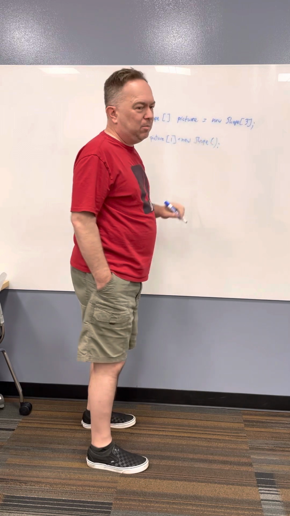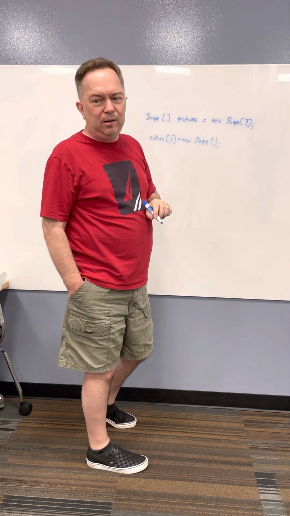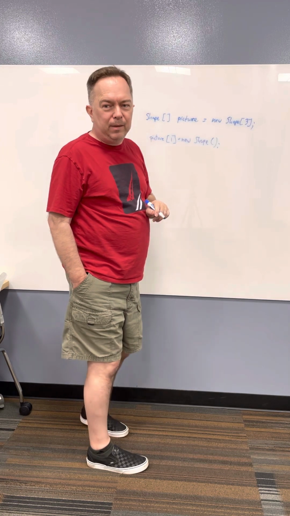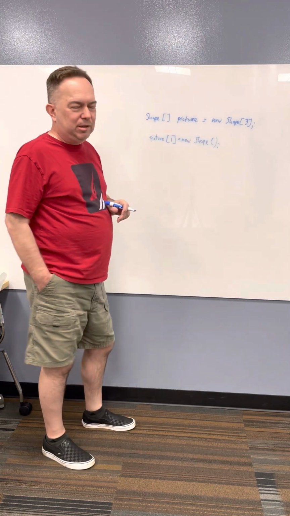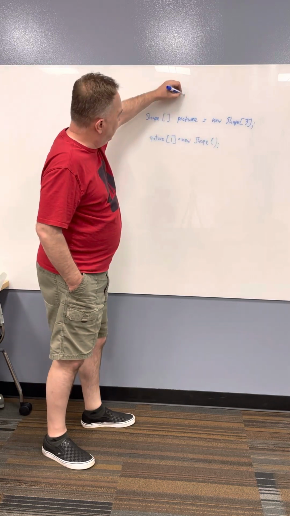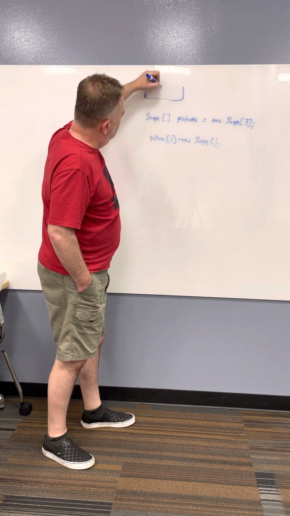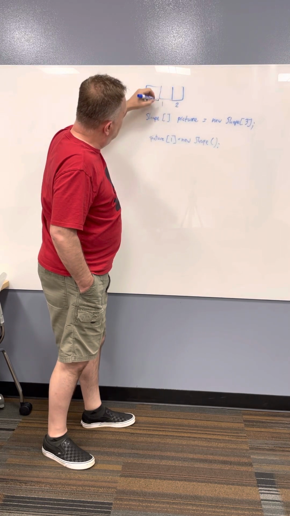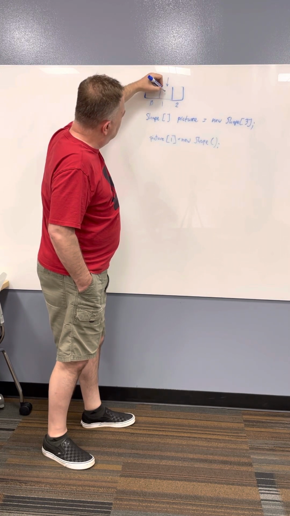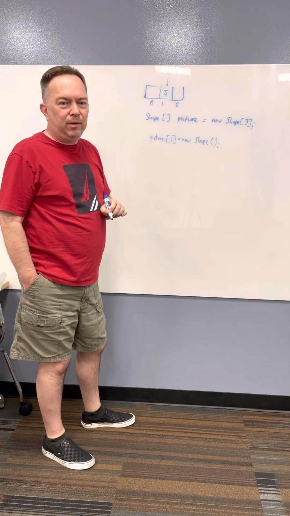Okay, we'll just use the simple constructor from our last video. Does that make sense? Now you notice I didn't use 0, I used 1. So if we draw a picture, here's our array, our index 0, 1, 2. So I've just set this one to some shape, right?